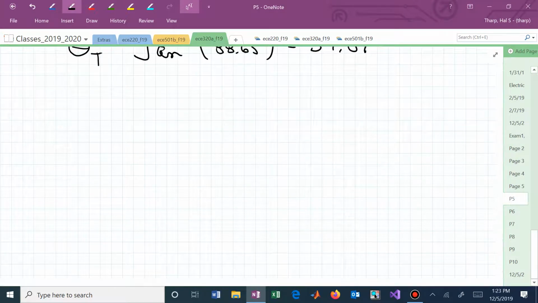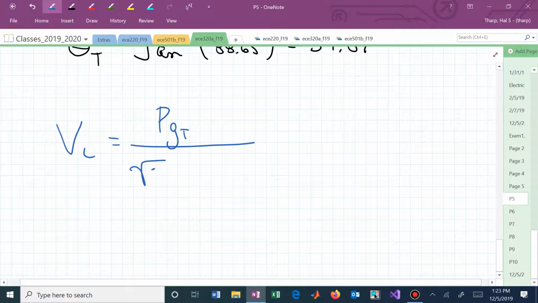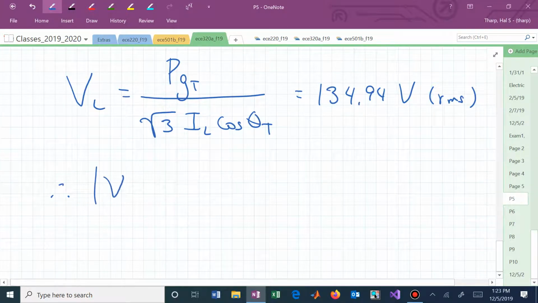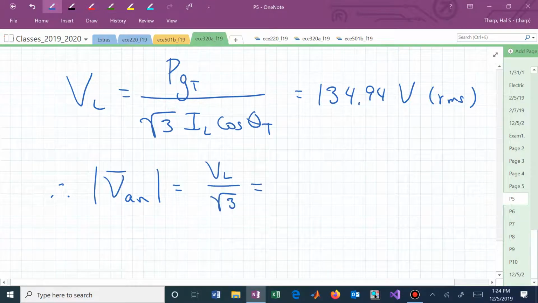Capital V sub L is P sub G total over square root of 3 I line cosine theta t. Plugging in all of those numbers, you end up with 135 roughly. So the magnitude of our A-phase generator voltage is a square root of 3 smaller than that, or 77.9 volts.